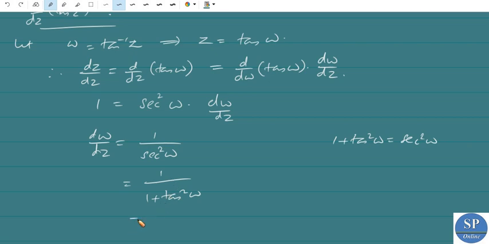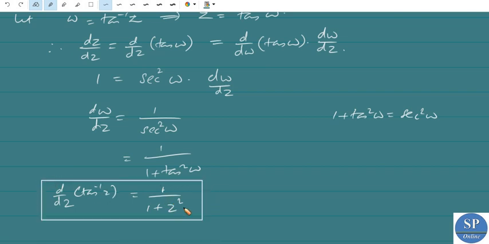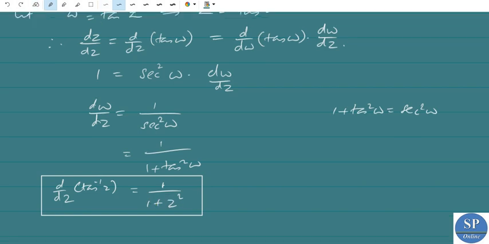So this is equal to 1 by 1 plus z square. This is dw by dz, that is d by dz of tan inverse of z. So the derivative of tan inverse of z is nothing but 1 by 1 plus z square. Now we can discuss a problem.